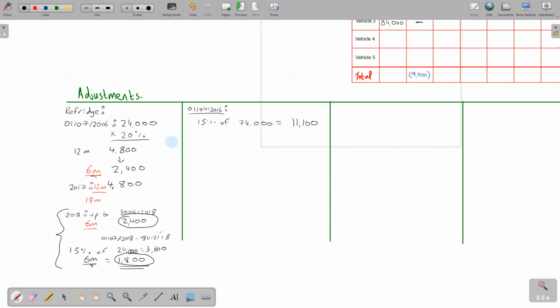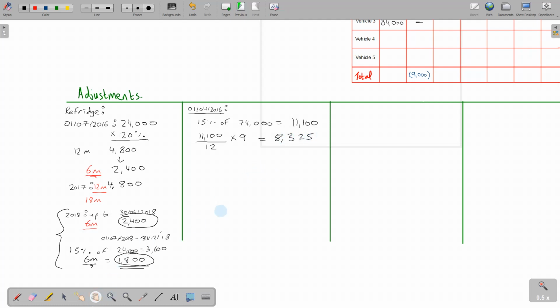So we bought on the 1st of April. So we have to account for all of April, May, June, July, August, September, October, November, December. So we need to charge depreciation for 9 months. So we'll divide that by 12, multiply it by 9, is 8,325.